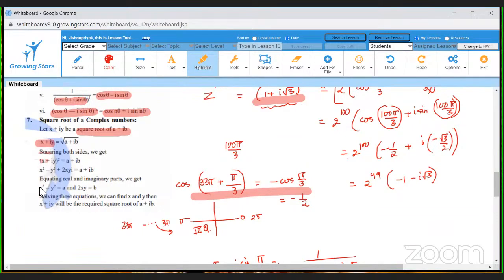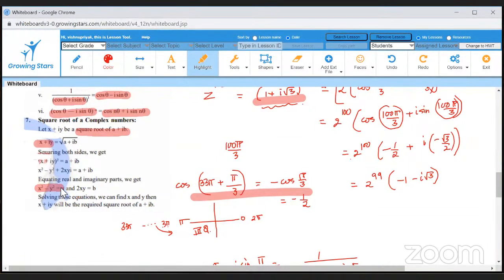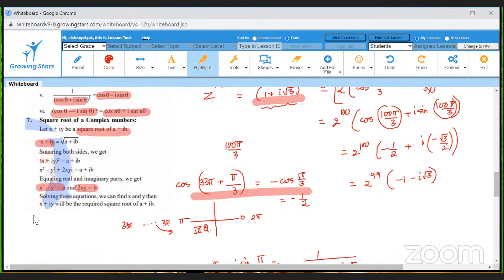You take x square minus y square as a, 2xy as b, solve and get the answers for x and y. Now, this is a long method. Why am I taking x square minus y square as a? Why am I taking 2xy as b? That's a long process.